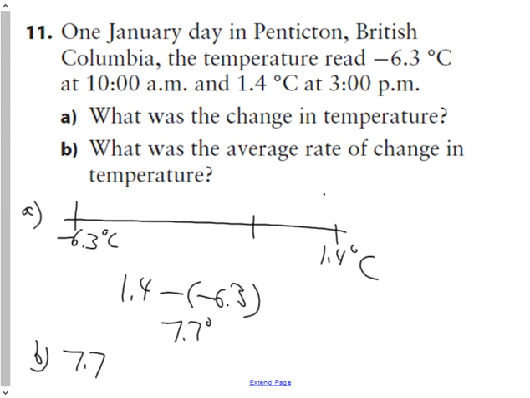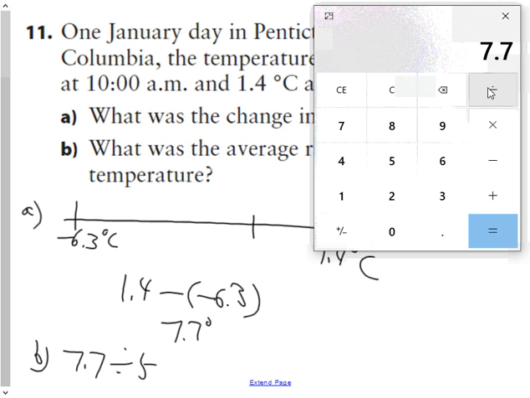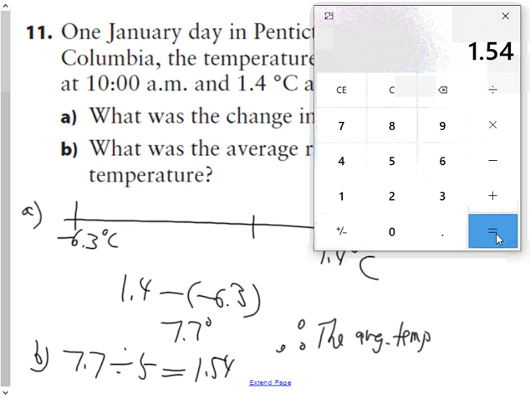So if we take the total change in temperature and divide it by the 5 hours that the temperature was changing, a total of 7.7 degrees divided between the 5 hours, it tells me the average temperature change. Therefore, the average temperature change was 1.54 degrees Celsius per hour.